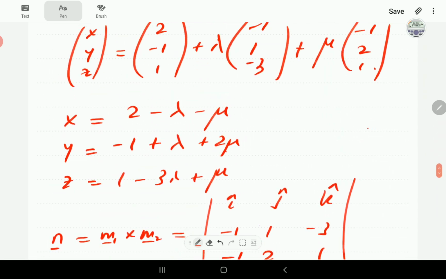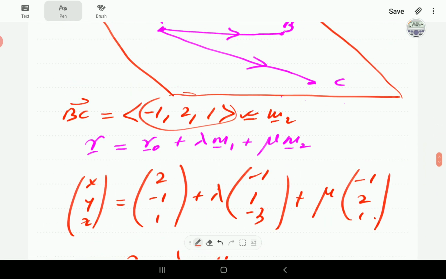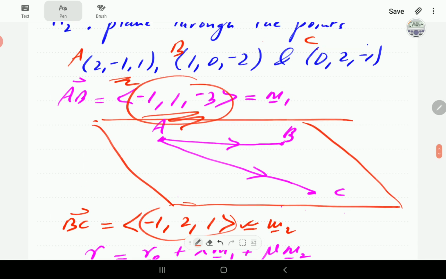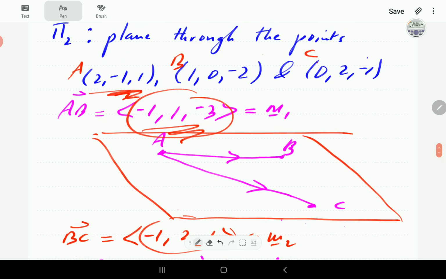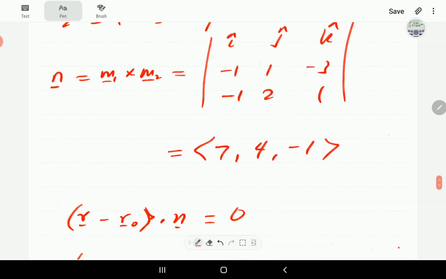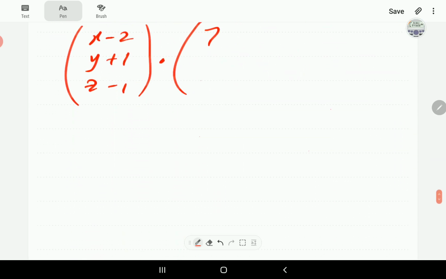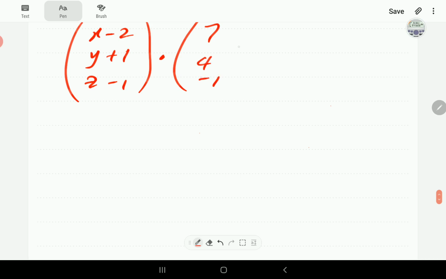Again, if we choose our A to be our r0, we're going to have x minus 2, y plus 1, z minus 1, dot 7, 4, minus 1, equals 0.